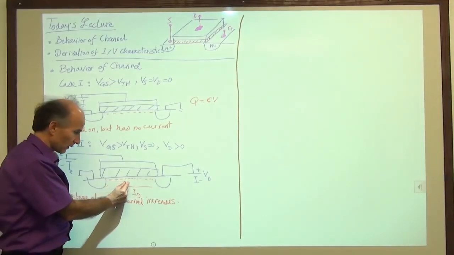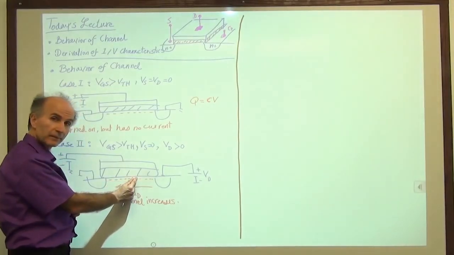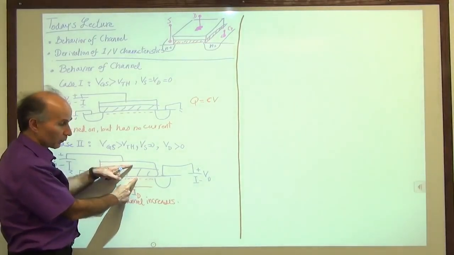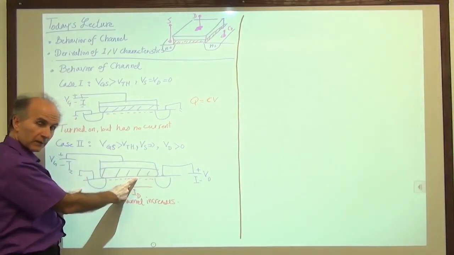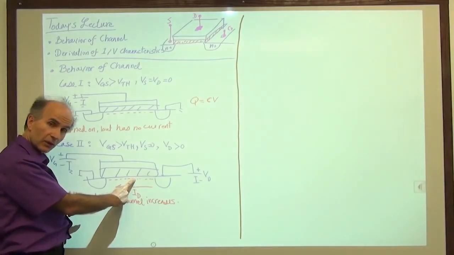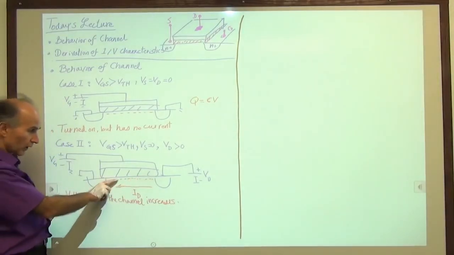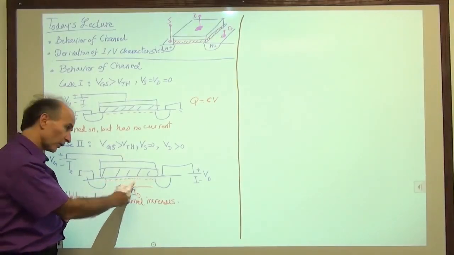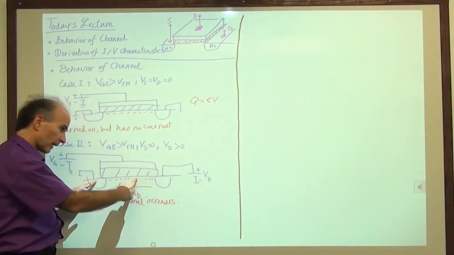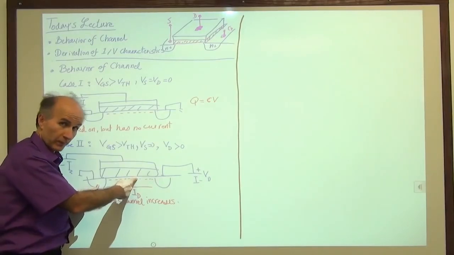But now, how about here? Well, the gate is still at 1 volt with respect to 0, but the channel voltage is not 0. The channel voltage, as we just said, rises as we go this way. So if I measure this voltage with respect to ground, it's not 0, it's 0.3 volts maybe.